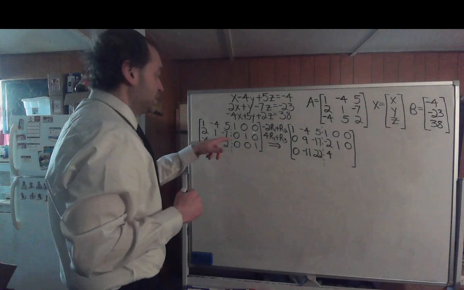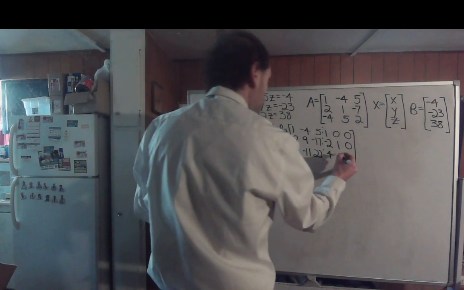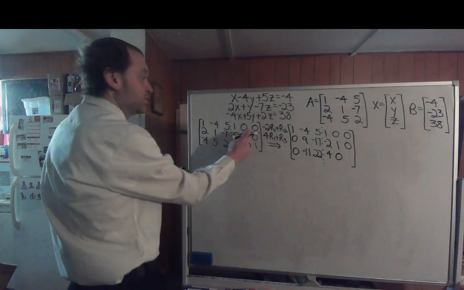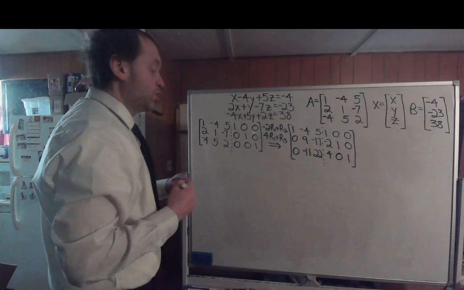Then 4 times 0 is 0, plus 0 is still 0. 4 times 0 is 0, plus 1 is 1. So there's our new row 2 and 3.